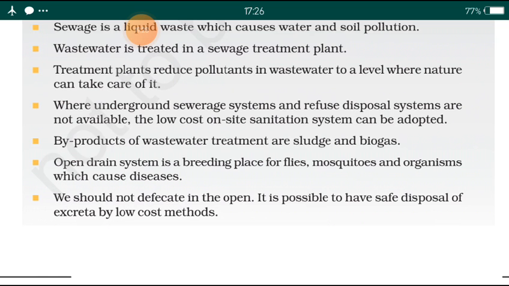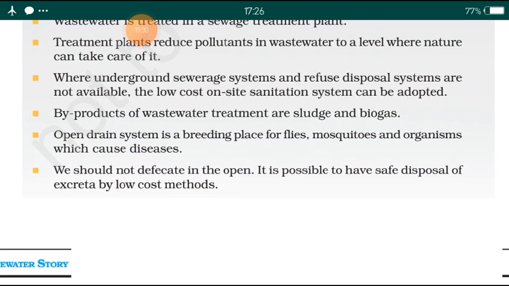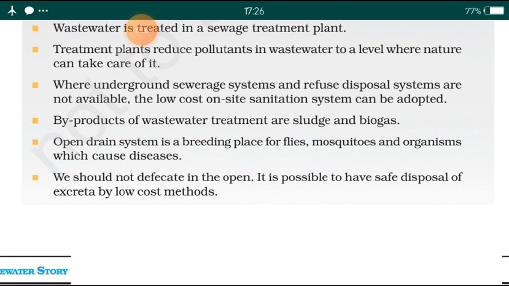Where underground sewerage systems and refuse disposal systems are not available, the low-cost on-site sanitation system can be adopted. We should adopt sanitation systems.